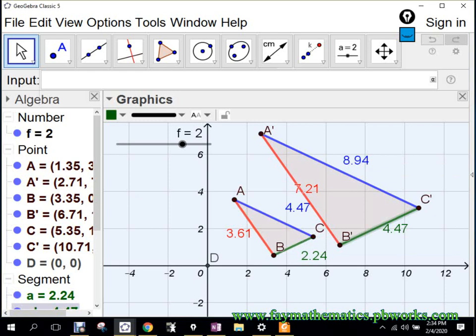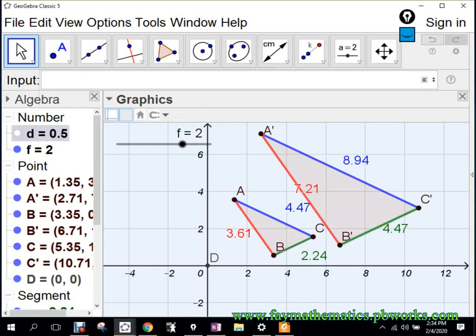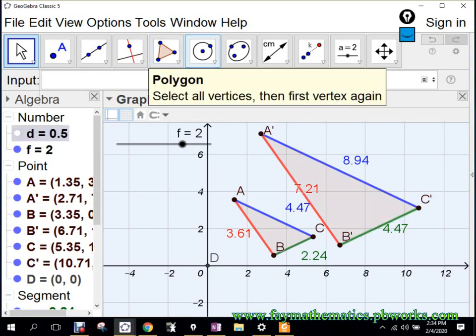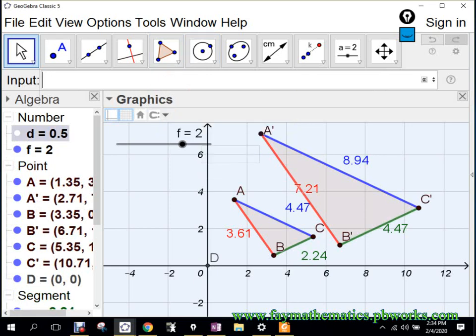So let's take BC and divide it by B prime C prime, and it's going to give me 0.5 back, which is the reciprocal of that scale factor, just because of the order that I'm comparing it. So it's saying 2.24 is half of 4.47.